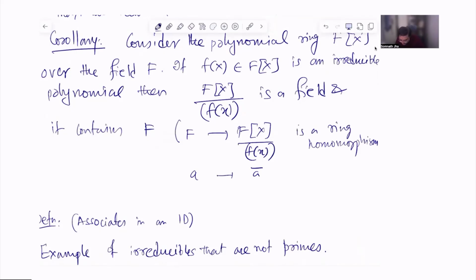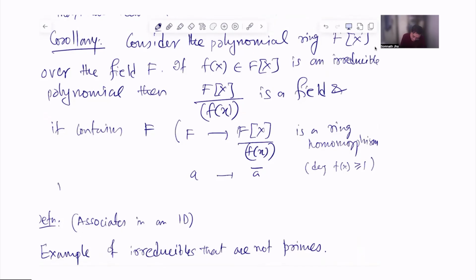And f(x) is not zero. As we have explained, f is not a unit because it's an irreducible polynomial. So the degree of f(x) is greater than or equal to 1, because it's a non-zero non-unit element.